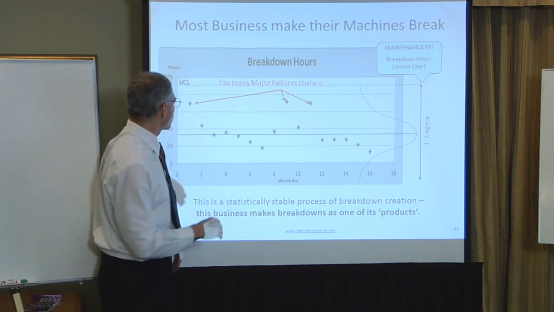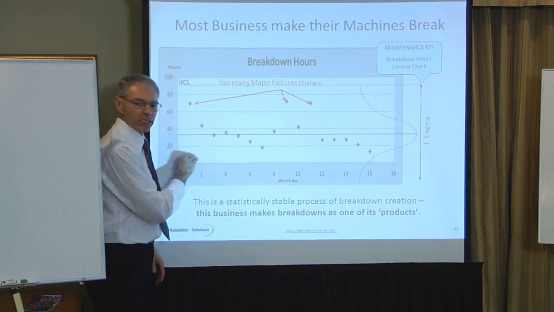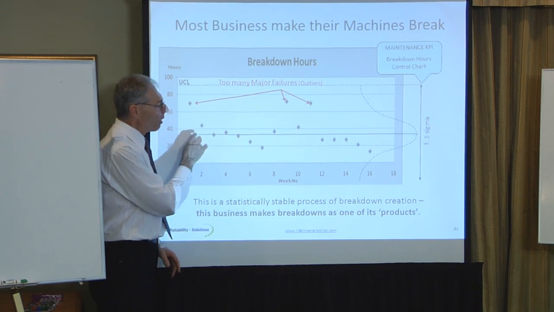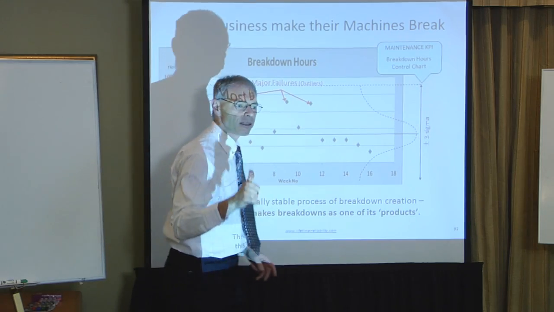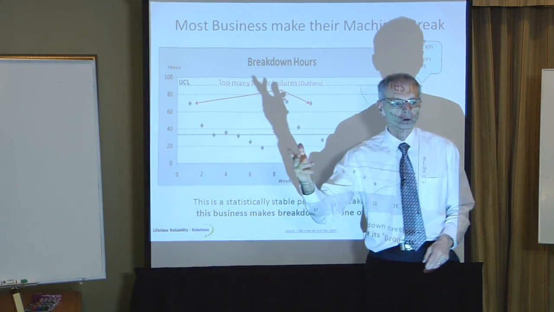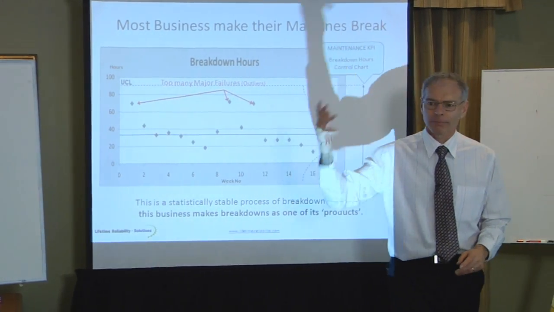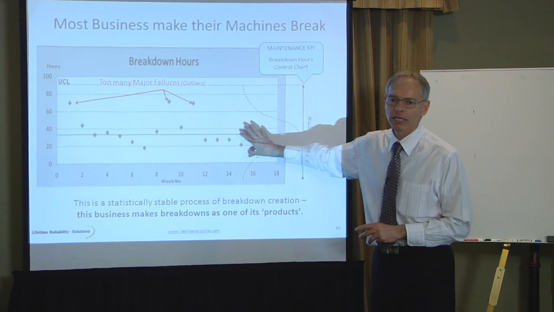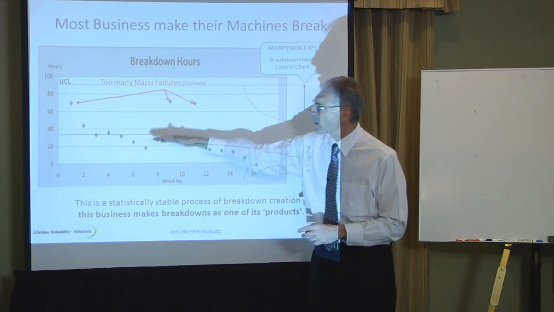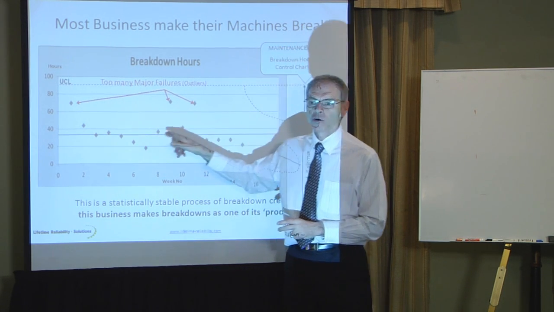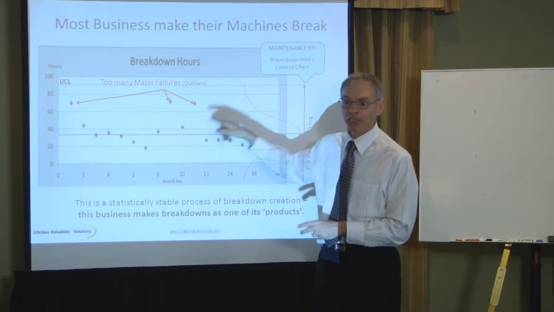If they want to come down to only 10 hours a week on average, then they can't do it with this process. This process they're using, the choices they've made, the people they've got, the tools they use, the decisions they make as managers and supervisors, delivers this range of outcomes. If I want to have from 31 down to 10, I can't do it this way, because this way produces that.